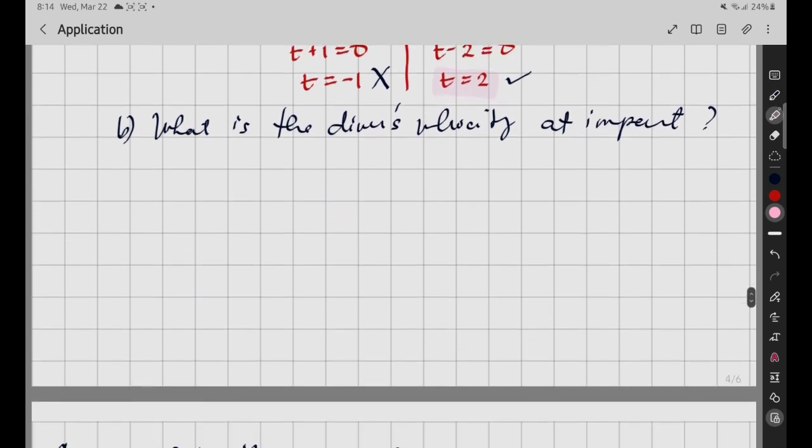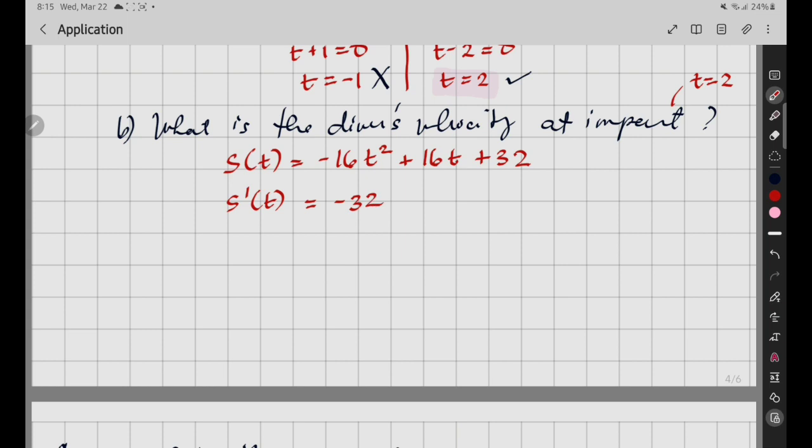Next, we have the second question. What is the diver's velocity at impact? Meaning, it's asking for the velocity of the diver at 2 seconds. So we have our s of t, negative 16t squared plus 16t plus 32. We find the derivative of this, so we have negative 32t plus 16.